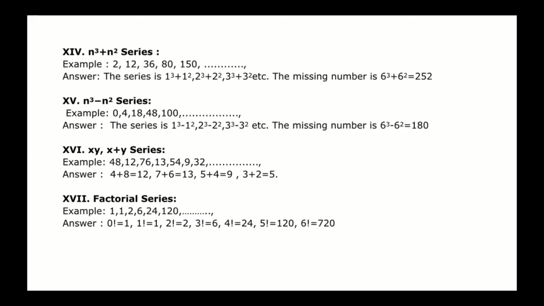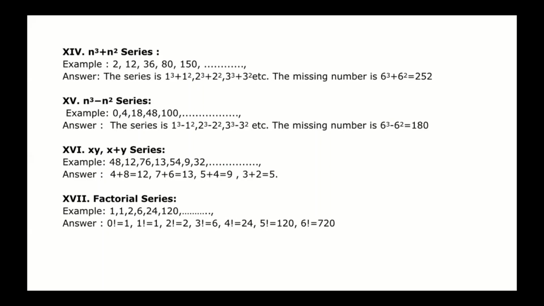And lastly, we have factorial series. And just before factorial series, we have an xy comma x plus y series. This is very important. I've seen this coming a lot. Now you can see that there are 48, 12, 76, 13, 54, 9, 32. The numbers are increasing, decreasing, increasing, decreasing in an alternate way.